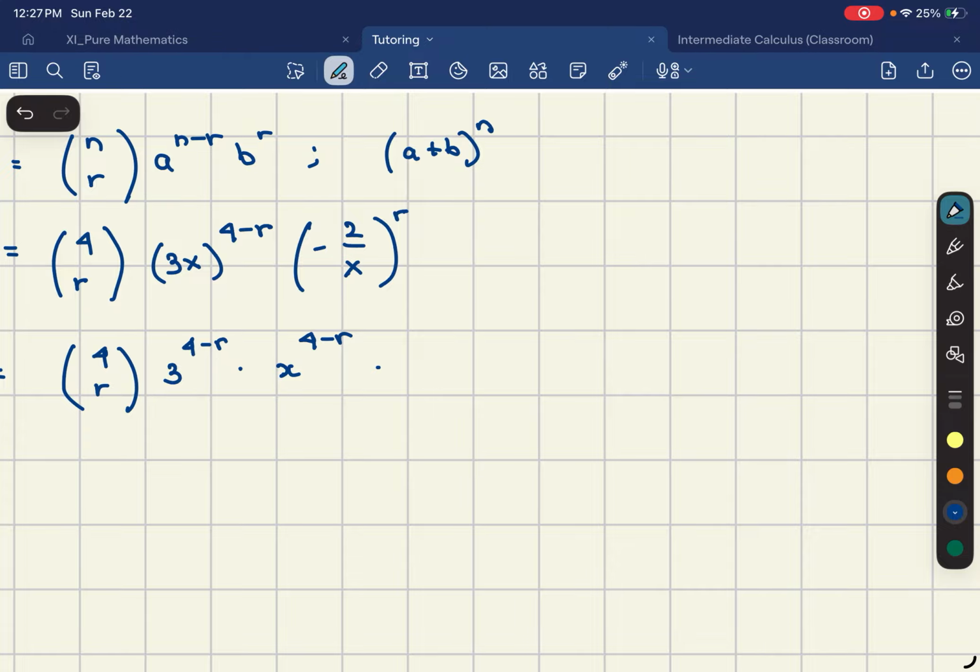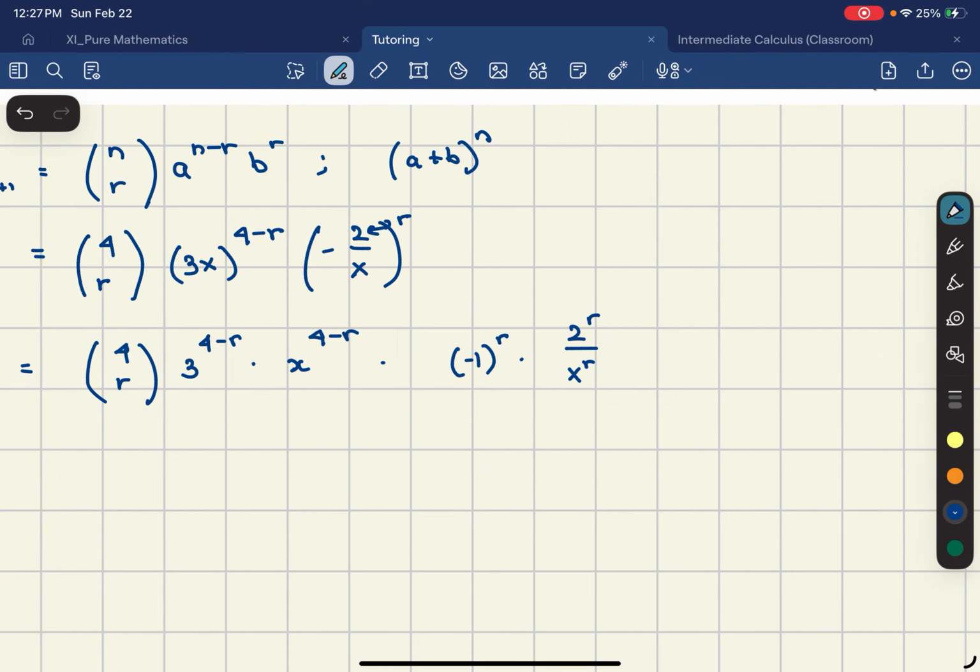And then we can say that, whatever we have inside the bracket, we have (−1) to the power r, 2 to the power r, right? So we take out the negative 1 and we raise it to r. And we have 2 to the power r here, and we have x to the power r. So I want to club all of my constant terms and the variable terms together.